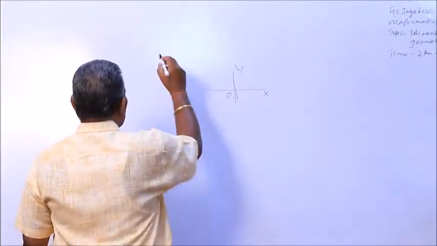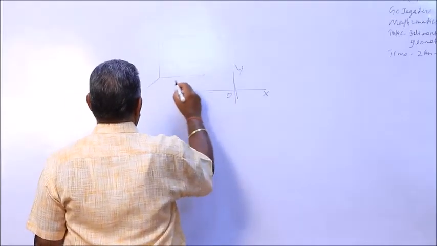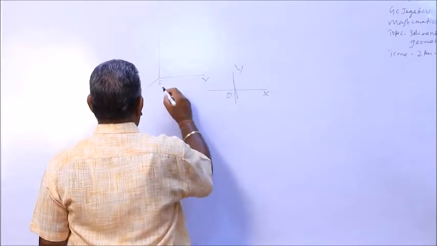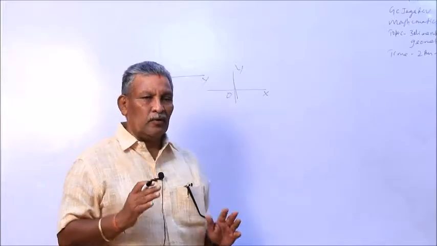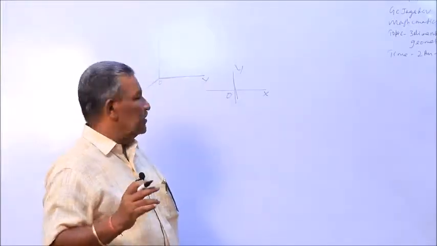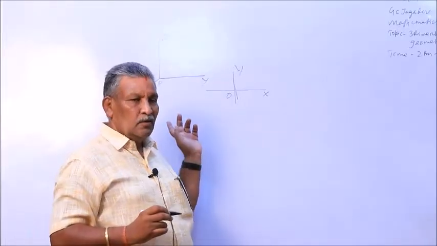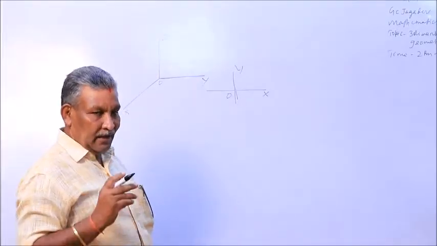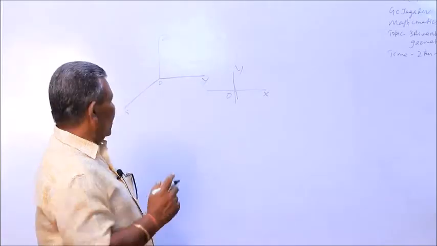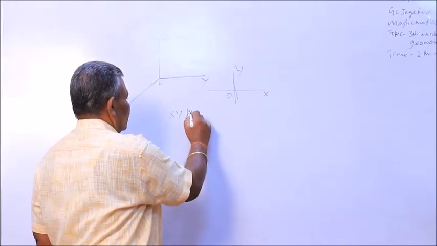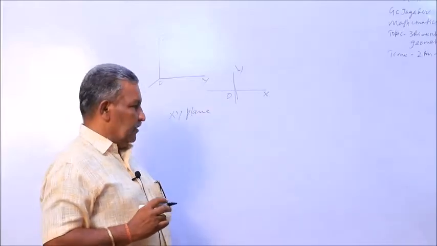Suppose OX and OY are two mutually perpendicular lines, that means they are perpendicular to each other. If there exists another line OZ which is perpendicular to both OX and OY, that means it is perpendicular to the plane containing OX and OY, that is your XY plane, then it will form a three-dimensional plane.